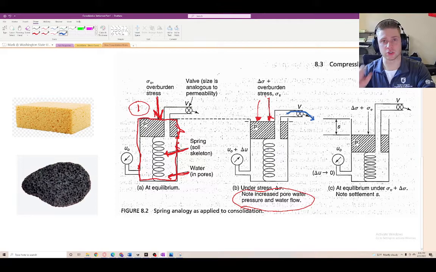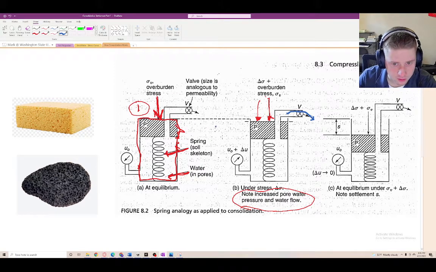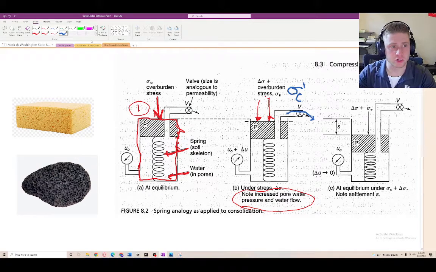Now that you've reached a certain point where the pressure is enough for it to start squeezing out, we call this the consolidation pressure. So this point 2, we call it the consolidation pressure. The notation, if I recall, is just sigma C. That's the consolidation pressure.